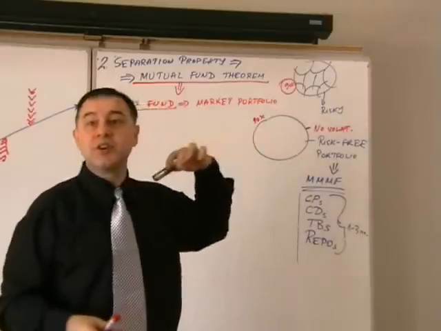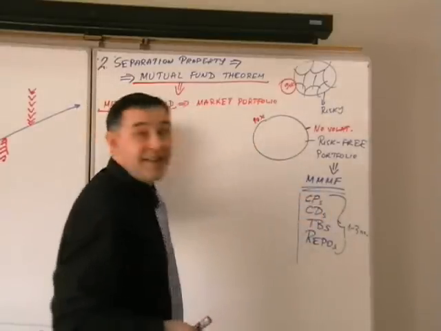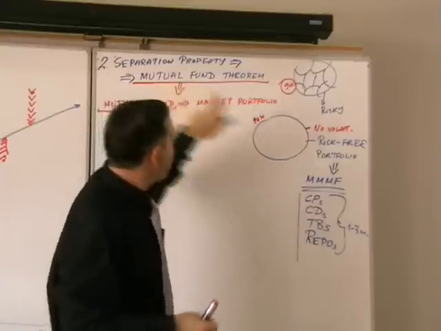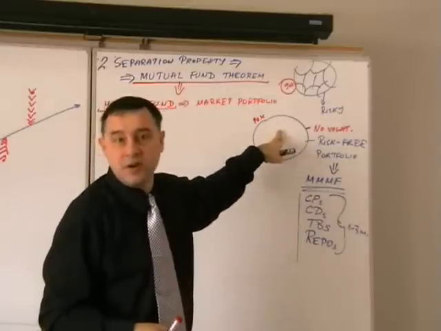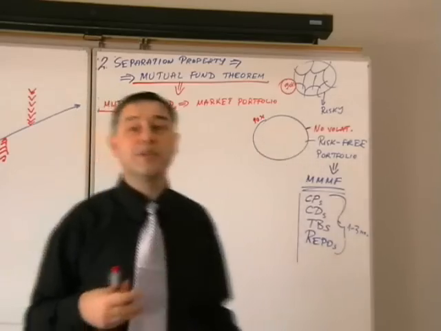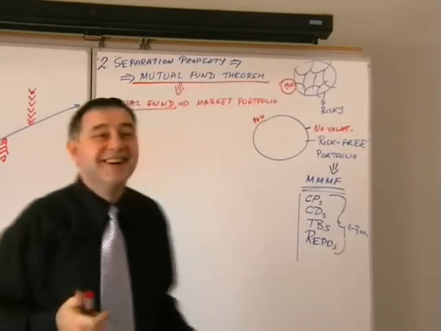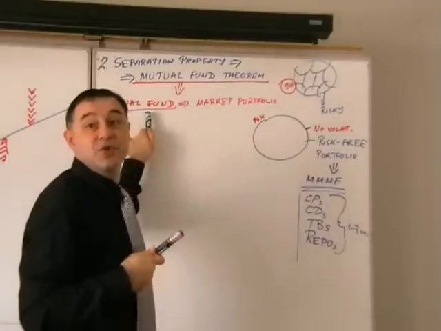But that particular investor will choose the percentage or the weighting of that particular mutual fund, and the rest invested in bonds. Of course, they don't want you to invest in commodities and oil, right? Alright, so this is the idea of the mutual fund.